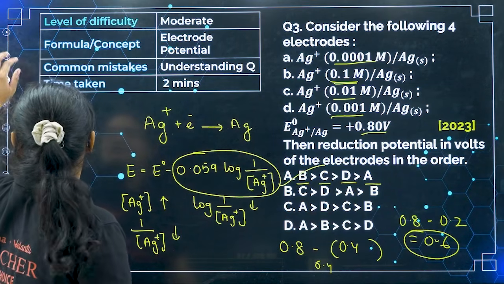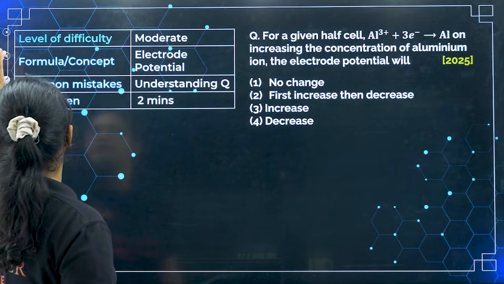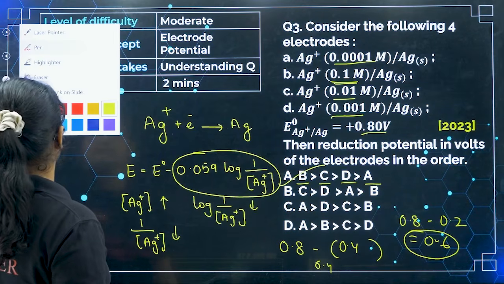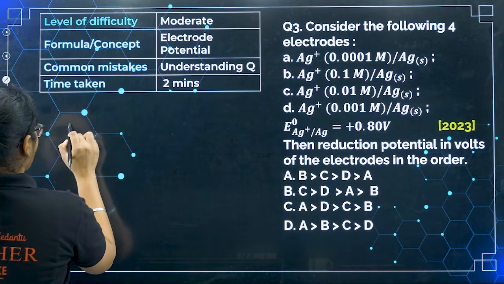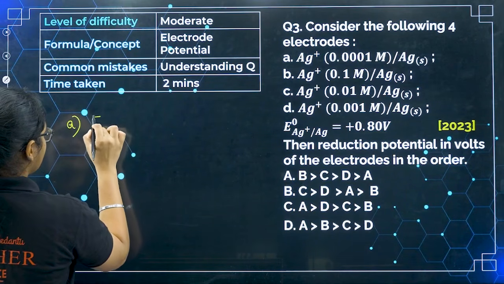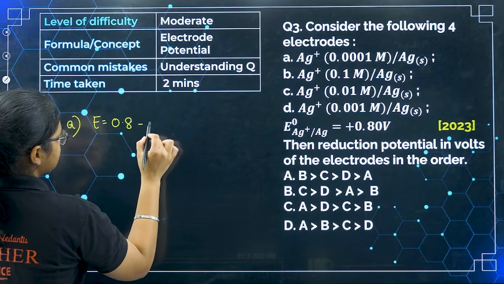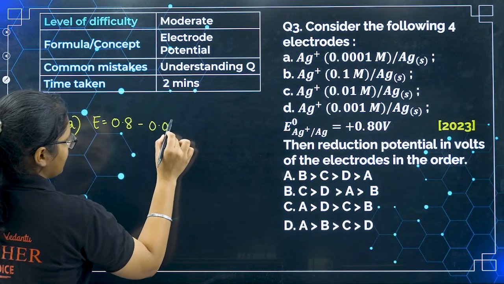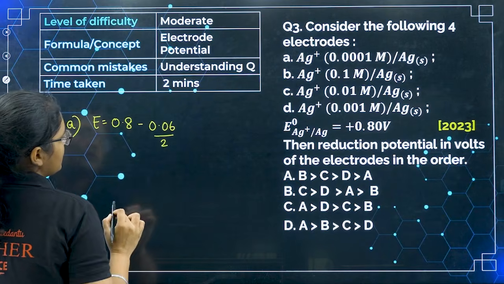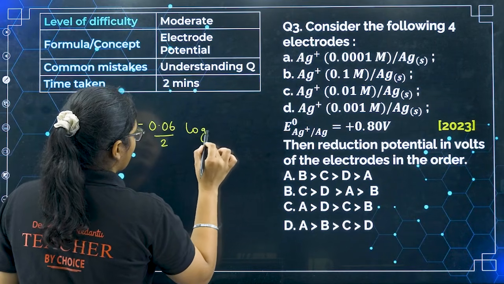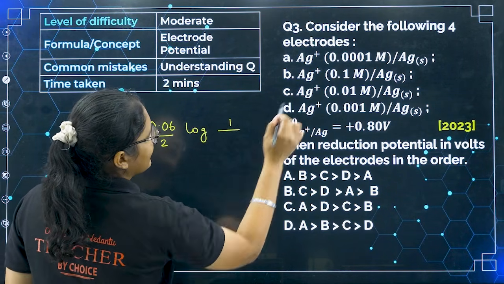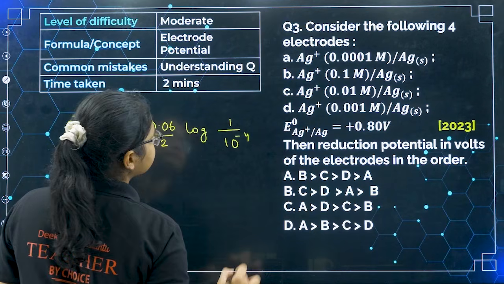Okay, so I'll just explain this with more numbers if you want. Just let me erase and show you. For option number A, what I will get, E value is equal to 0.8 minus 0.059, I'm just taking it as 0.03, log of 1 by 10 to the power of minus 4, right?